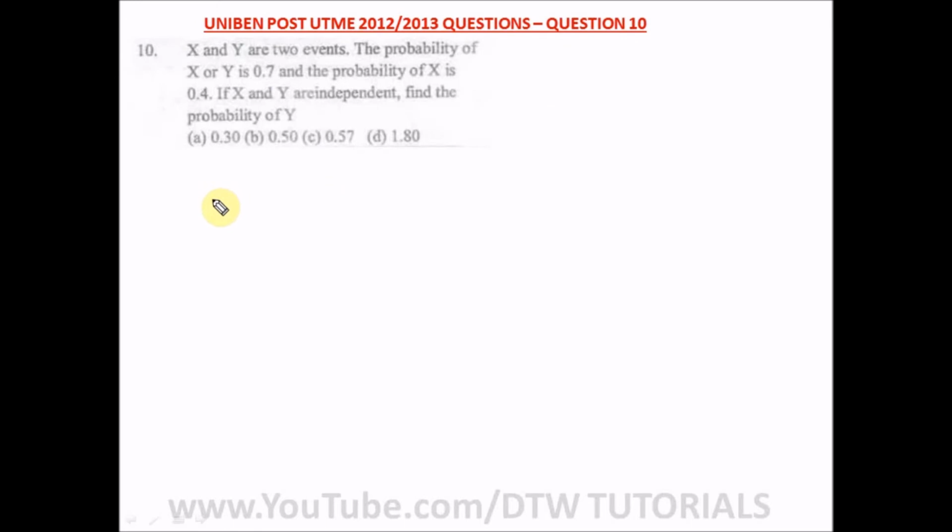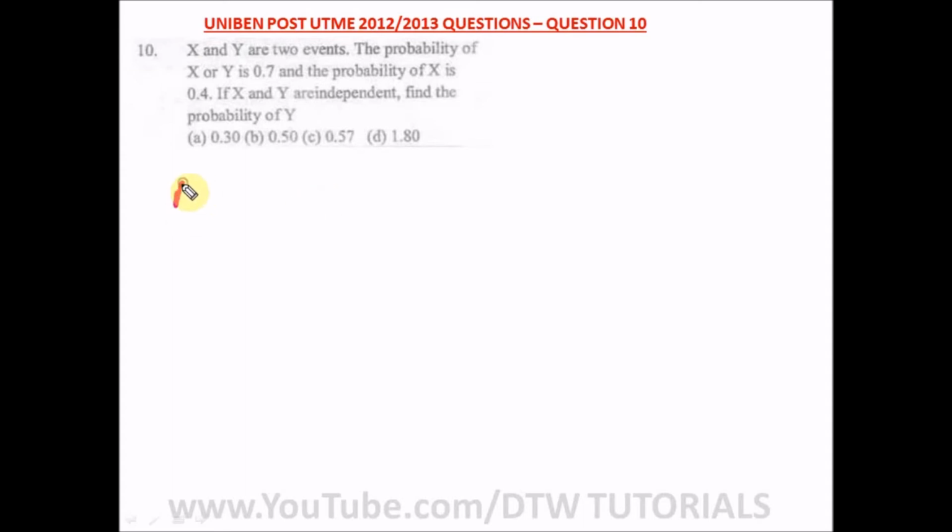Question 10 of the UNIBEN post-UME past questions for your 2012/2013 questions. It says x and y are two events. The probability of x or y is 0.7 and the probability of x is 0.4. If x and y are independent, find the probability of y. If they are independent, it means they are mutually exclusive, as the occurrence of any one of them excludes the other.